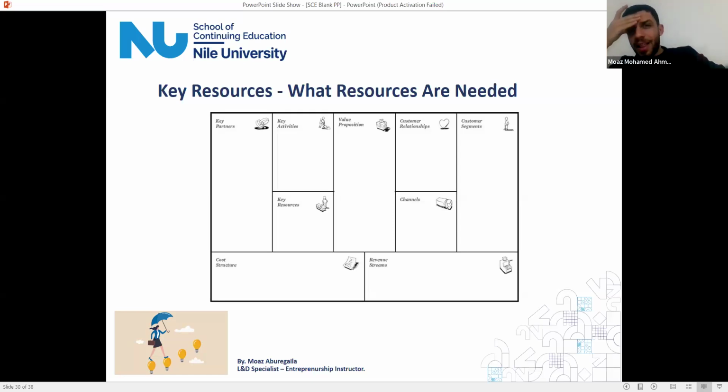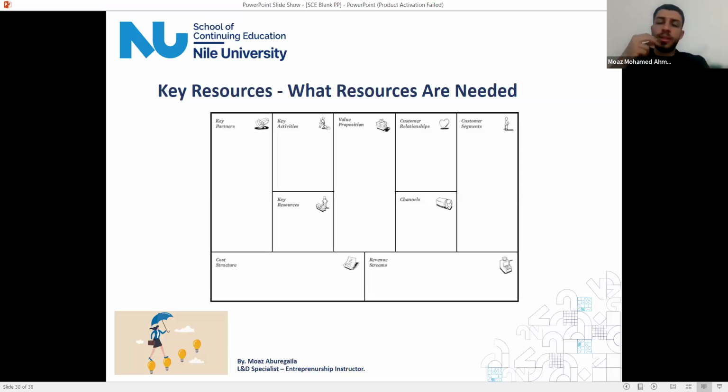Okay, the key resources. What resources are needed? So think about what resources are critical for your business to function and grow. Without these resources, your business is not viable.